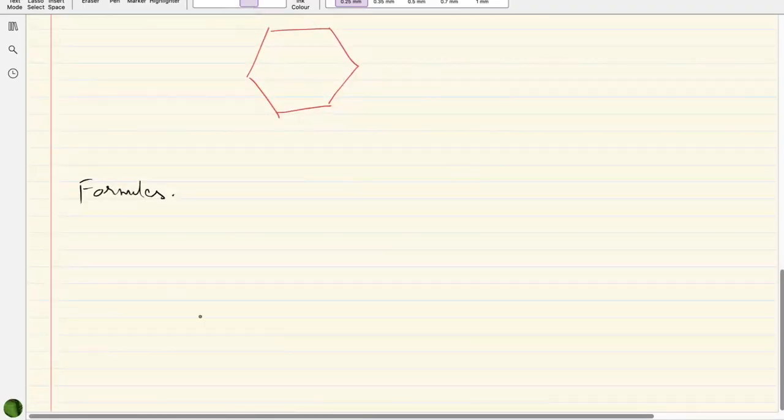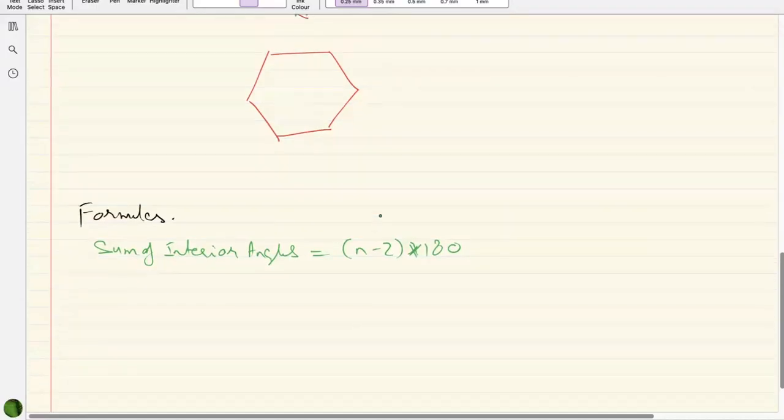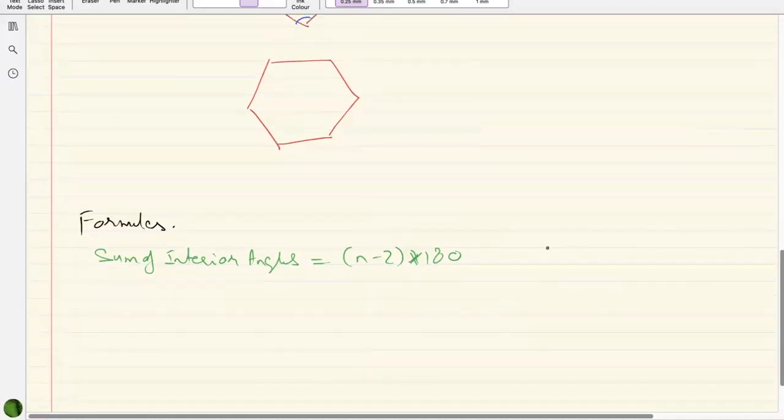So we have formulas for that, which starts with sum of interior angles equals n minus 2 times 180, where this n means number of sides. So n minus 2 into 180, when we start with 3-sided, this is 3 minus 2 times 180.